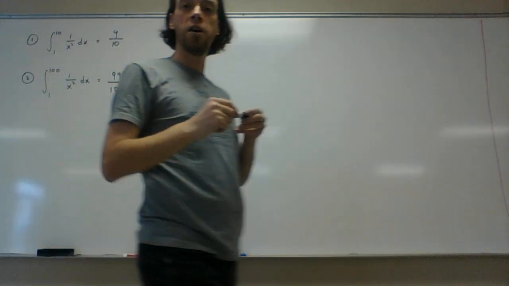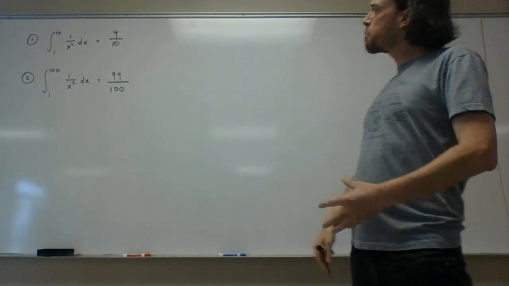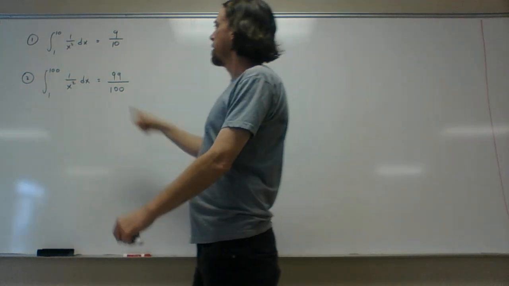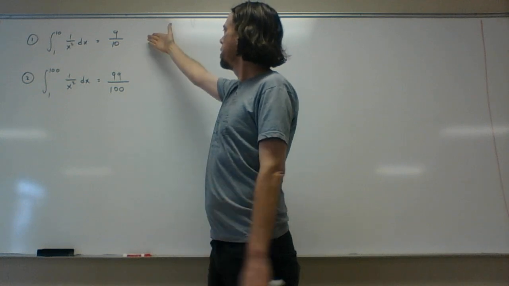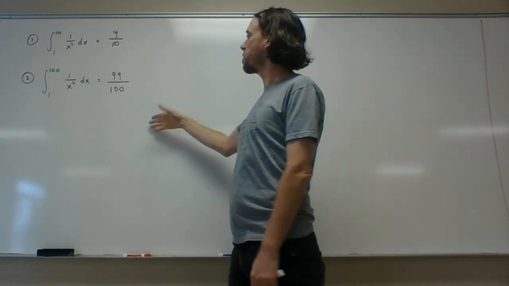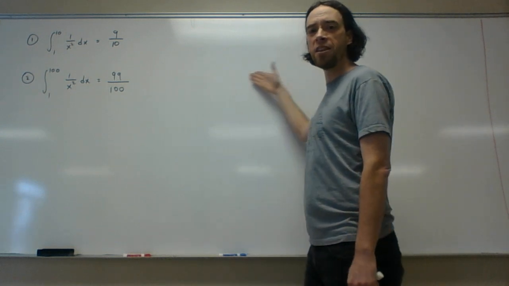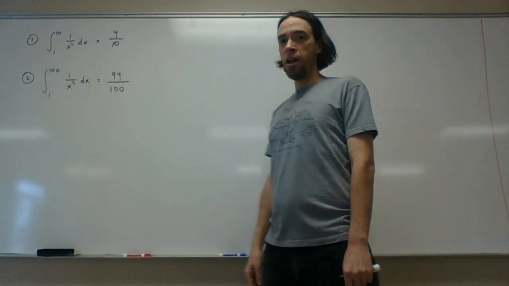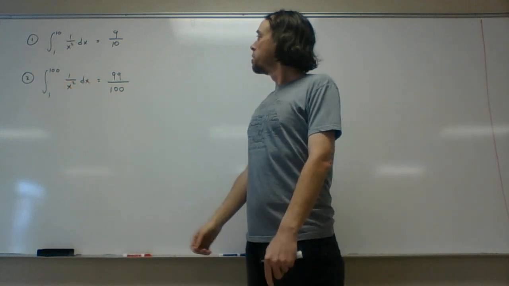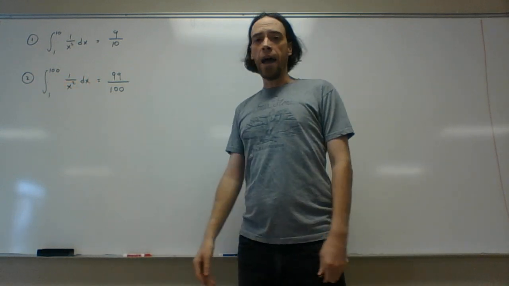99 over 100. And this is actually pretty interesting, these two results, because this area that we're shading goes all the way out to the x value 10. This area that we're shading goes all the way out to the x value 100. All right, that's a long way horizontally, but you'll see our area is not getting that much bigger.